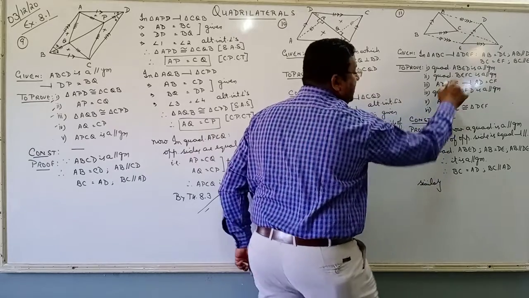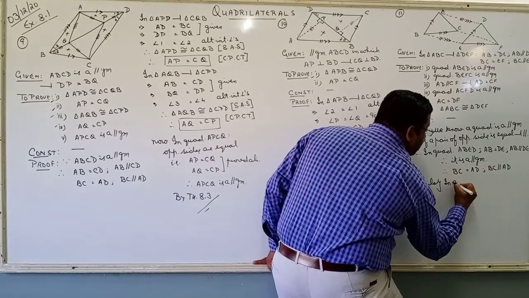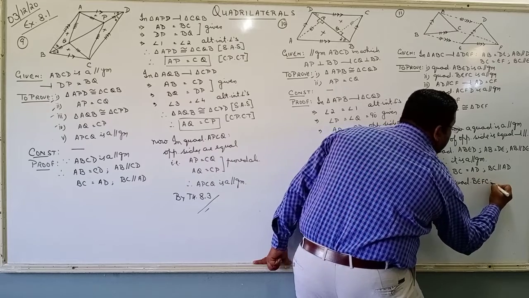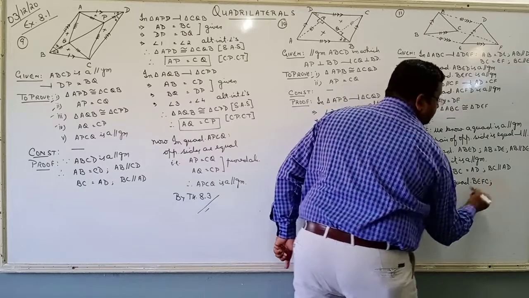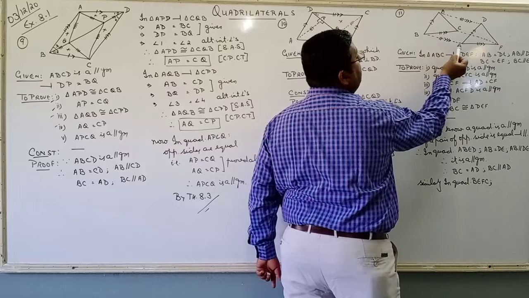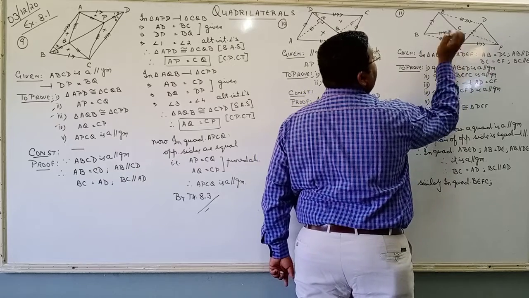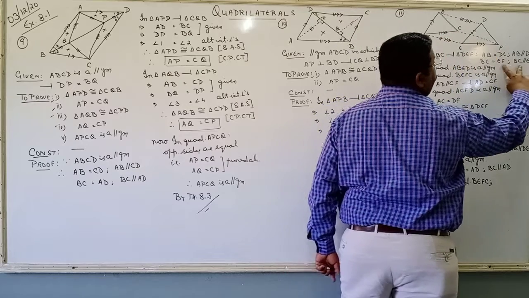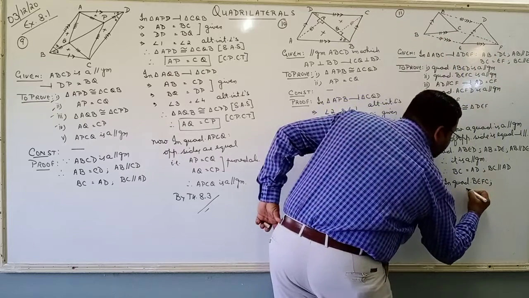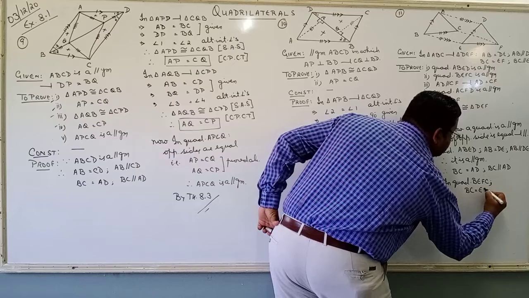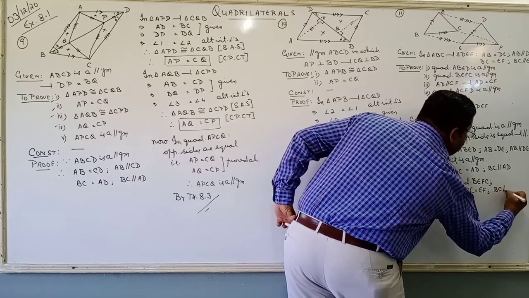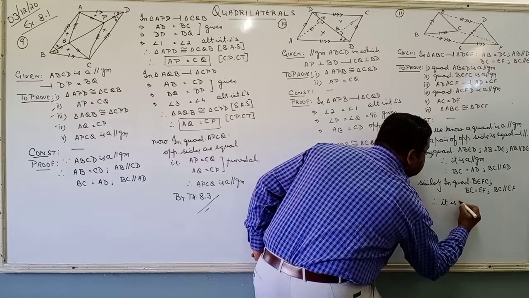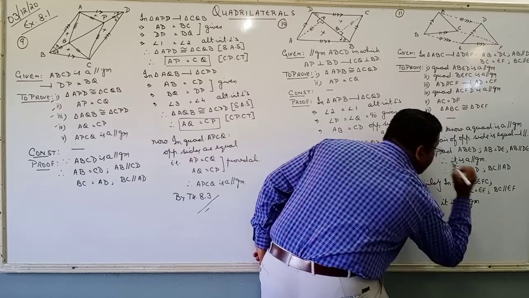Similarly, quadrilateral BEFC. In quadrilateral BEFC, observe. Is BC equal and parallel to EF? That is also given to us. BC is equal to EF, BC is parallel to EF, so therefore it is a parallelogram.